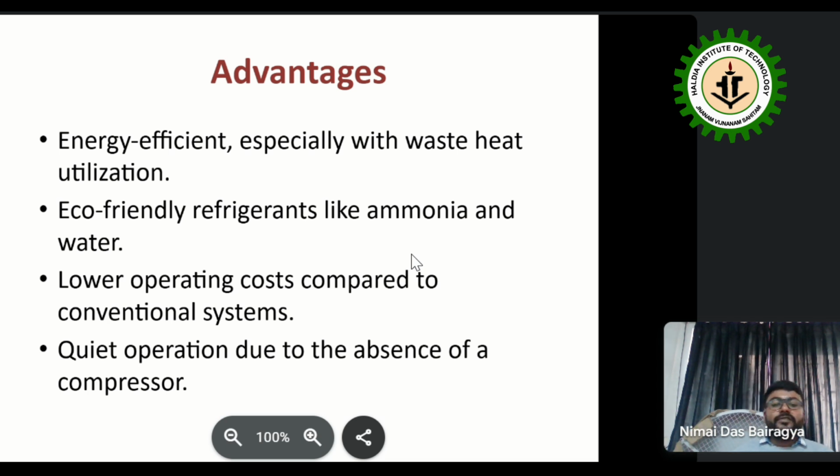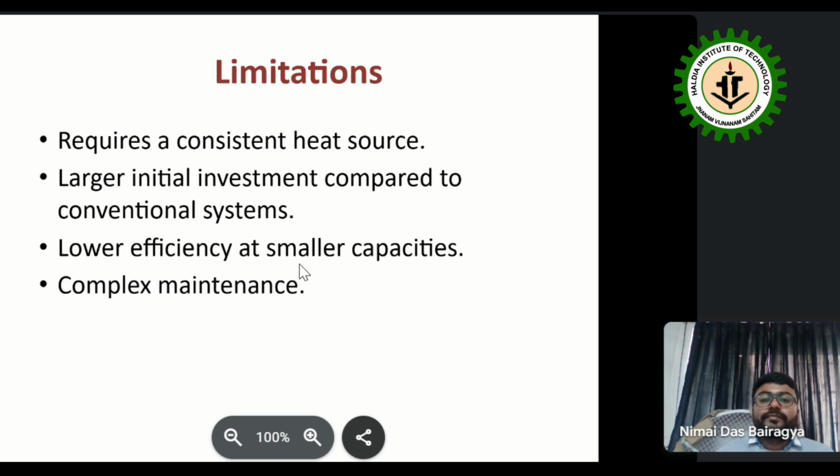But in the vapor compression system, we use toxic types of refrigerant, and it also produces CFC types of chemical gas, which are responsible for global warming. But here we use the ammonia water solution, which is very eco-friendly. That's why this system is also known as the eco-friendly system, and the operation cost is also very low in the vapor absorption refrigeration system.